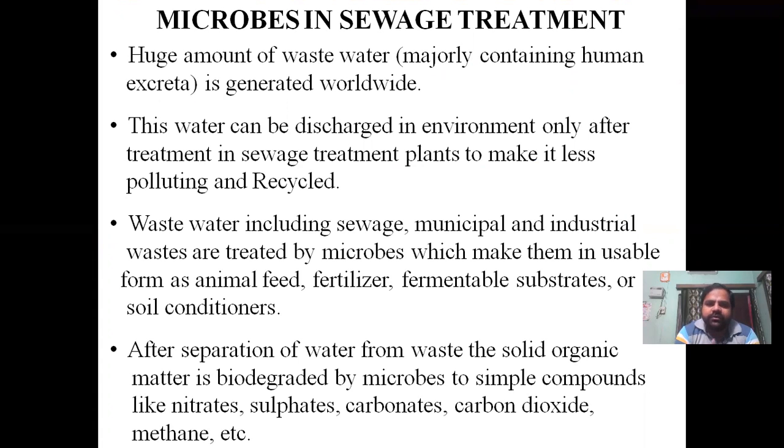As we know, a huge amount of waste water, mostly containing human excreta, is generated worldwide per day, and this water cannot be discharged into the environment as such. That's why it should be treated in sewage treatment plants to make it less polluting so that it can be recycled.